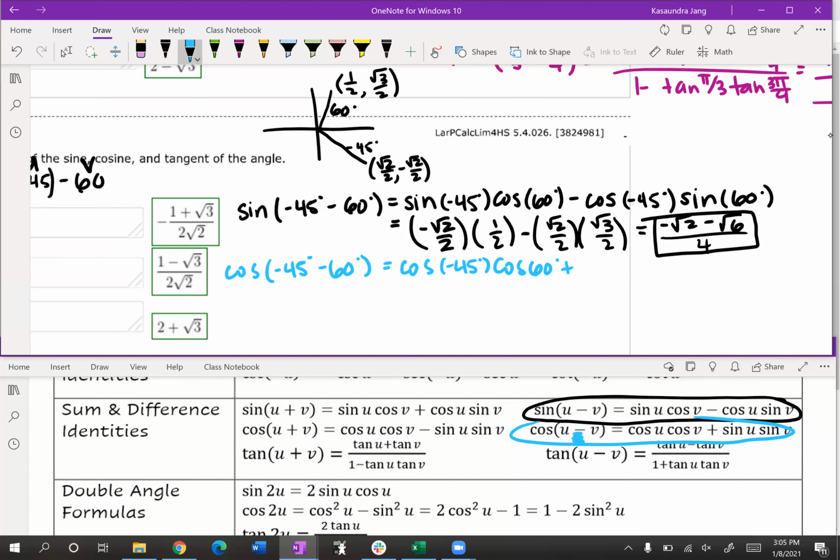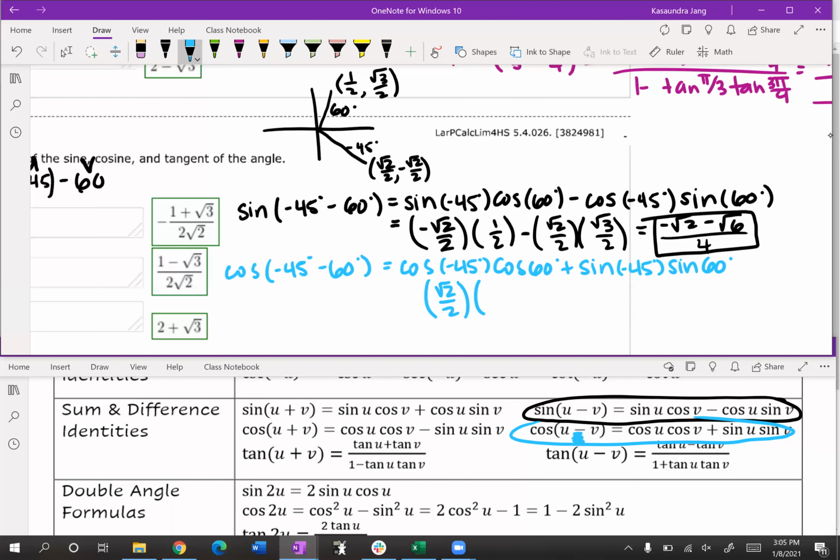All right, and I'm going to keep going with the identity here. Sine of u, sine of v. Okay, so cosine of negative 45 degrees is our x value, positive root 2 over 2.